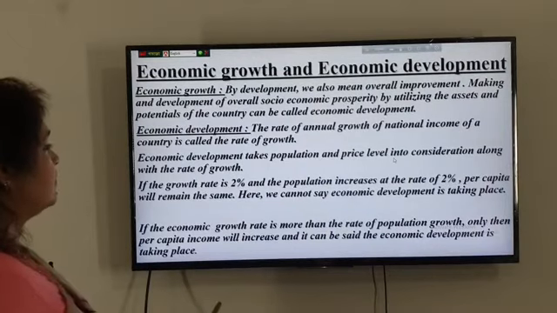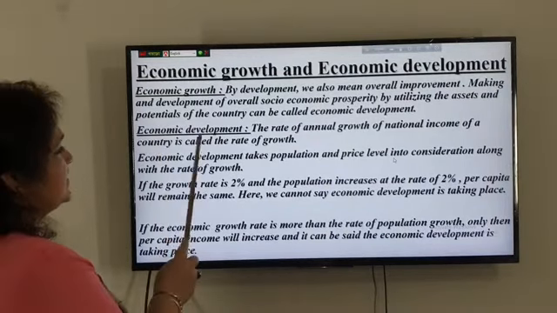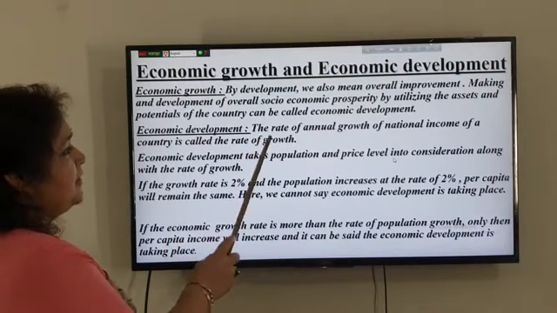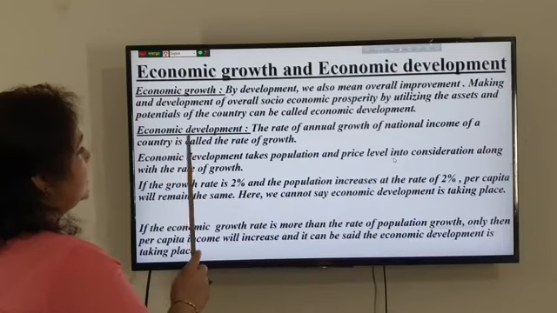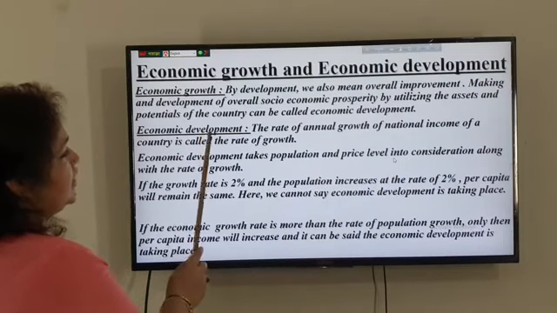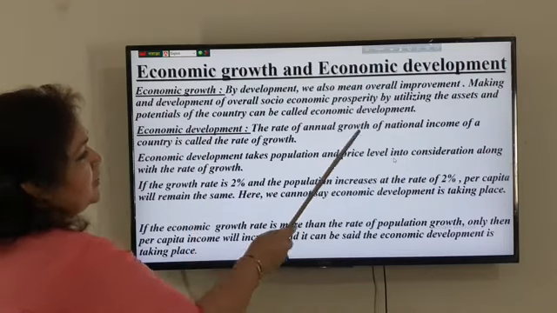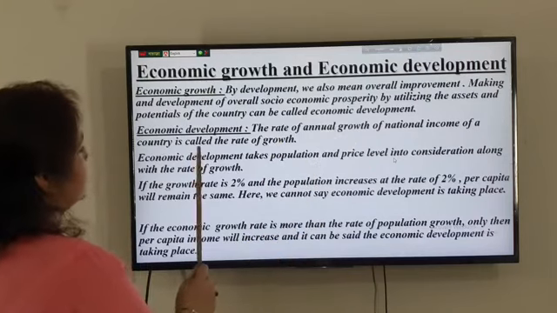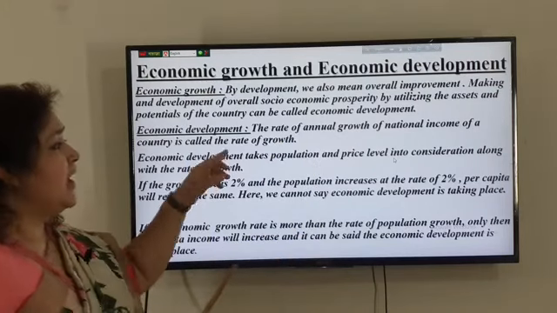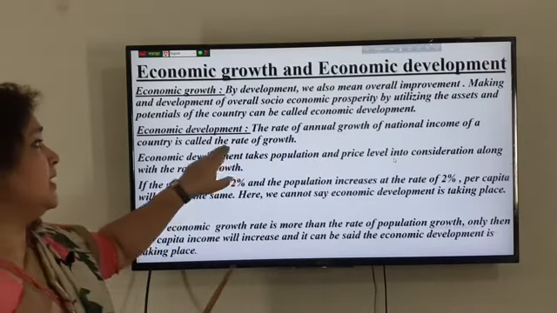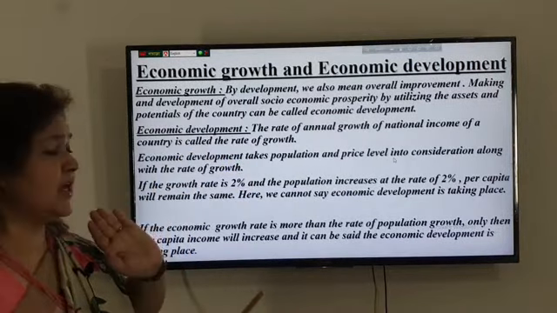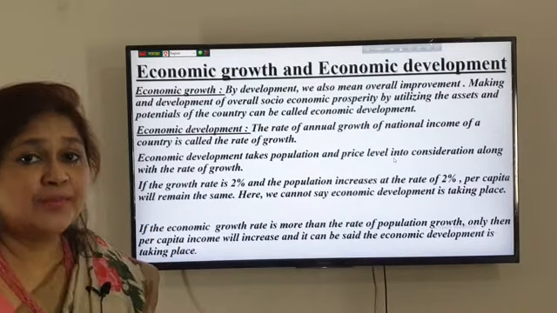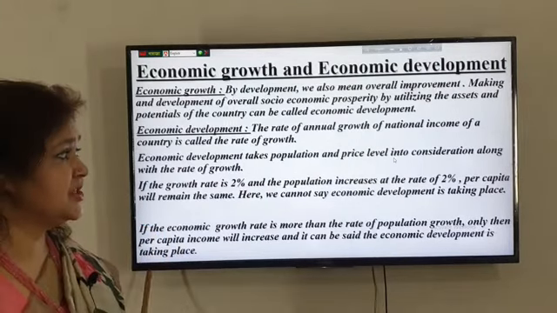Okay. And economic growth, the rate of annual growth of national income. The rate of annual growth of national income of a country is called the rate of growth. I mean, in economic growth, only one concept is included, the increase of gross national income.